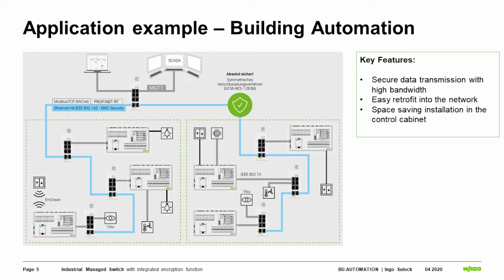Then you don't need to change, for example, the configuration or the program in your system. You only must change, for example, an unmanaged switch to this managed switch, and you have integrated the encryption. With this encryption, the security level is higher, and it's not possible to read the data packages and get the information.